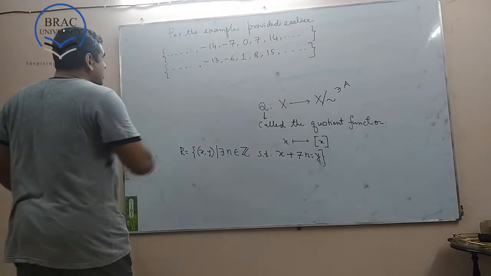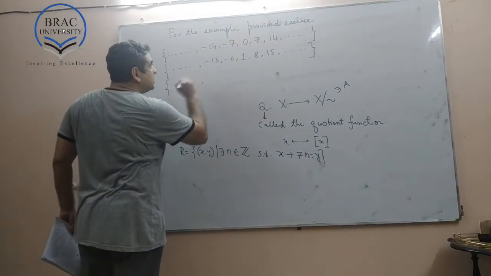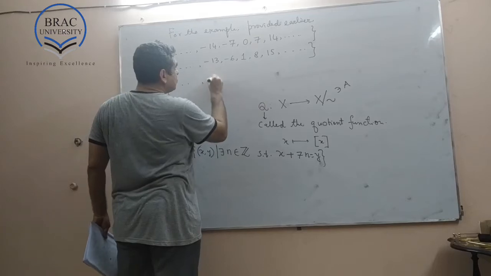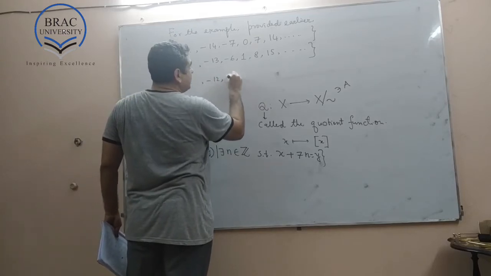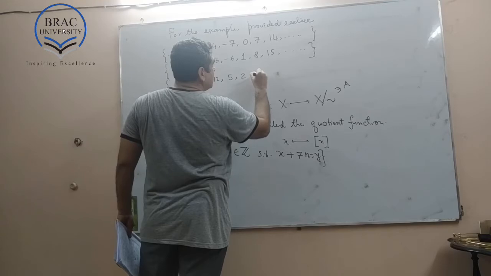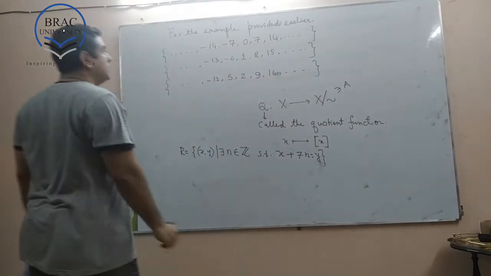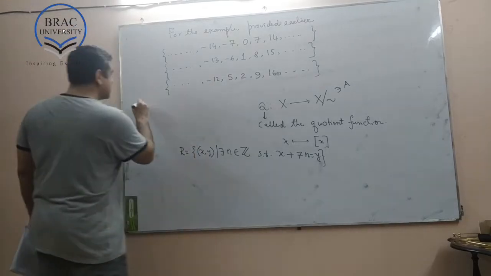So what is another class? By adding 1 to everything here, we get -12 here, and -5, 2, 9, 16, and it goes on forever. So this is the third class.